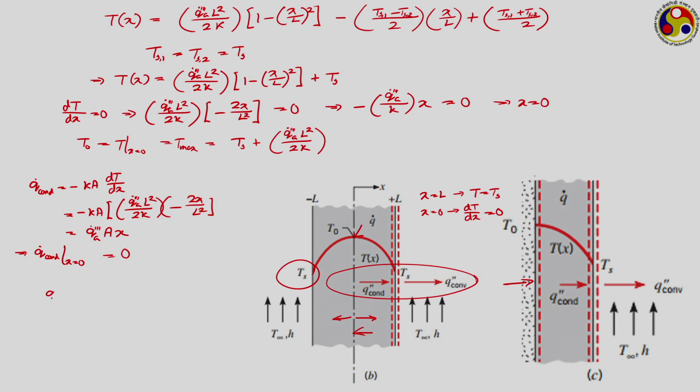So, the conduction heat flux at x equal to plus L should be equal to the convective heat flux, again at x equal to plus L.